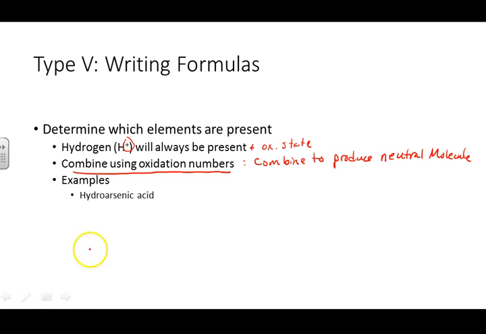So as an example, if we have hydroarsenic acid, okay, we know with this we're going to have hydrogen. Hydrogen has a +1 oxidation state. We're also going to have arsenic. Arsenic is going to have a -3 oxidation state.